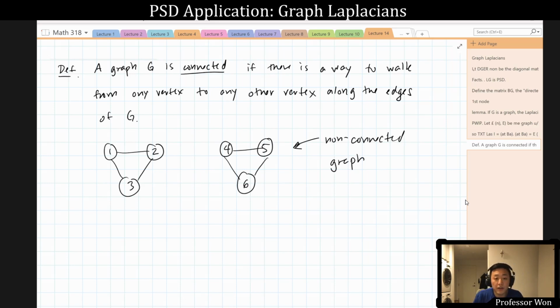Of course, whether or not a graph is connected is a very basic property of the graph. There are some examples given in the notes. One is maybe you have a road network inside of a city where you represent each road with a vertex, and you put an edge between two roads if those roads intersect.